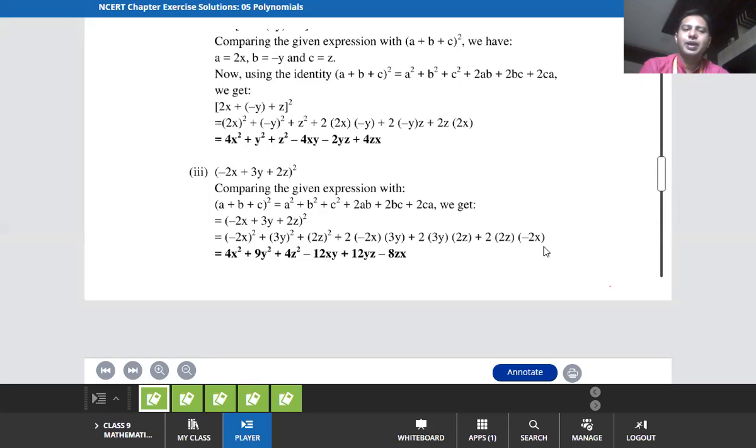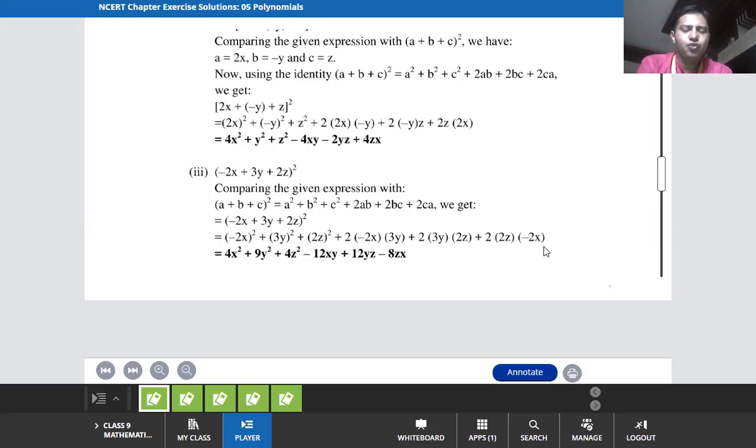Now we'll solve the brackets. Minus 2x whole square will give you 4x square positive. 3y whole square will give you 9y square positive. 2z whole square will give you 4z square positive. 2 into minus 2x into 3y will give you 2 fours are 8, 3 are 12, minus 12xy. 2 into 3 into 2, 12yz, and 2 into 2 into 2, 8zx with negative sign because x is negative here.